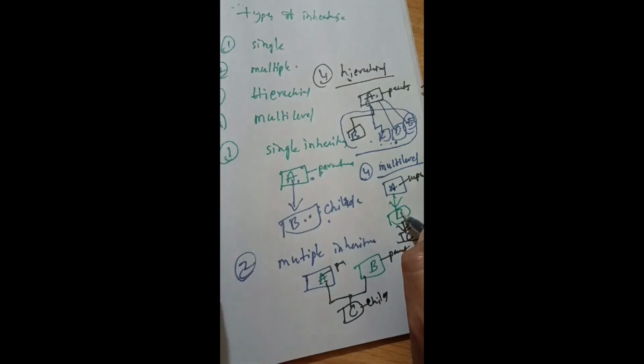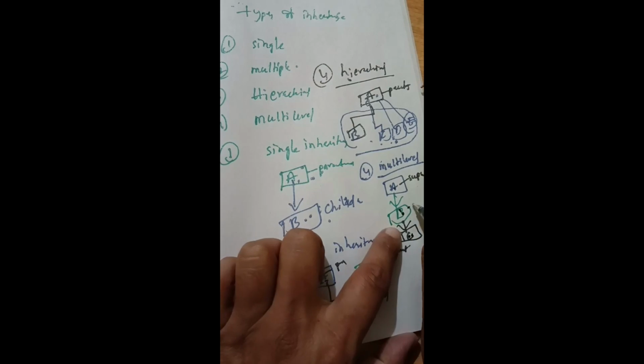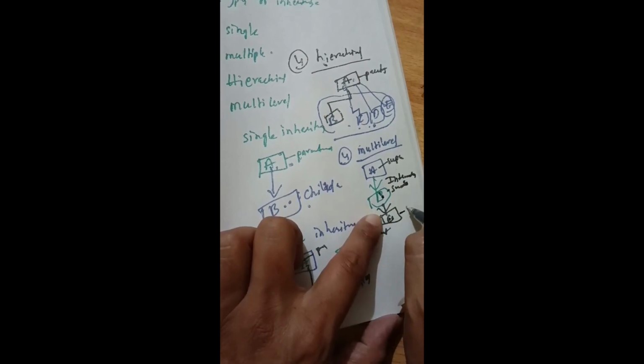Again from B we created another class C. B is also a superclass, called the intermediate superclass, and the last one is called the subclass. Two superclasses, one subclass. This is called multi-level inheritance.